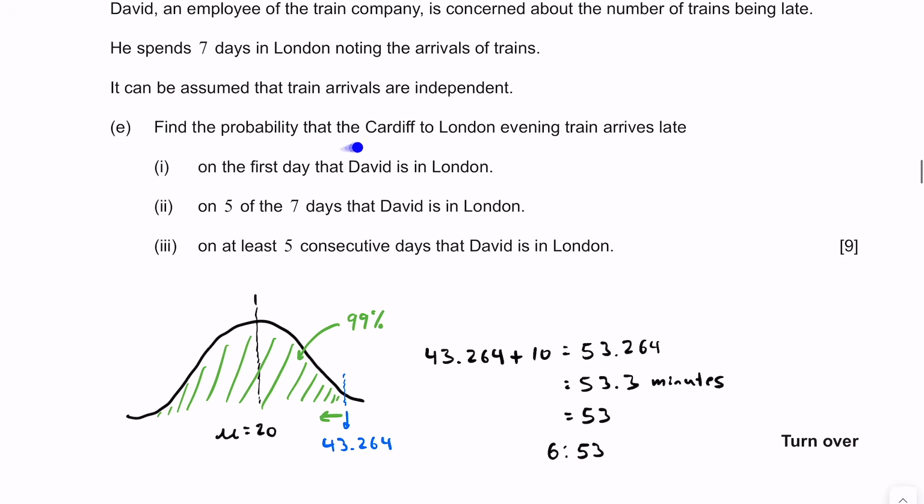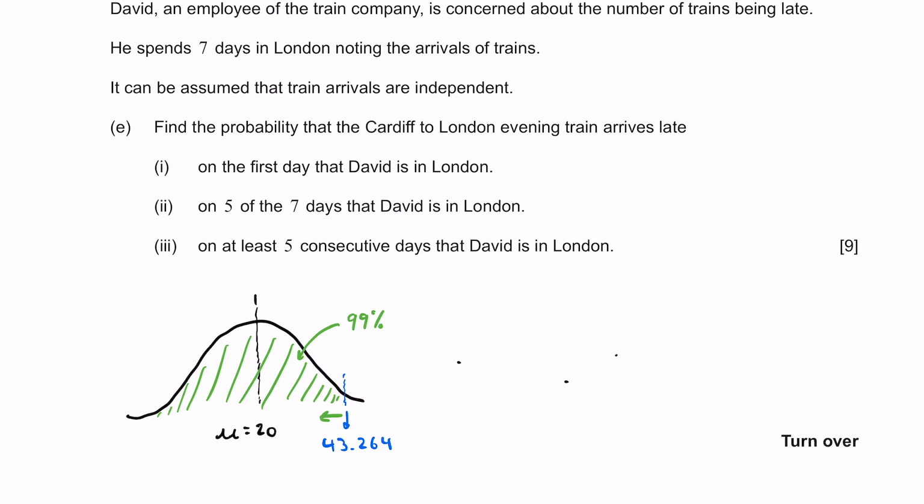So find the probability that the Cardiff to London evening train arrives late on the first day. So what is the probability that this train arrives late, even a fraction of a second? Let's erase this. And I think we can use this normal distribution again. So let's go ahead and do that. Okay.